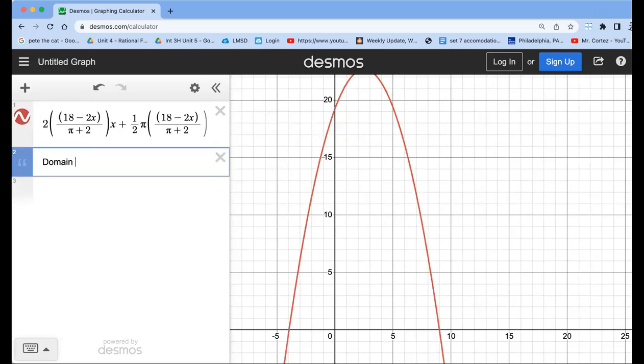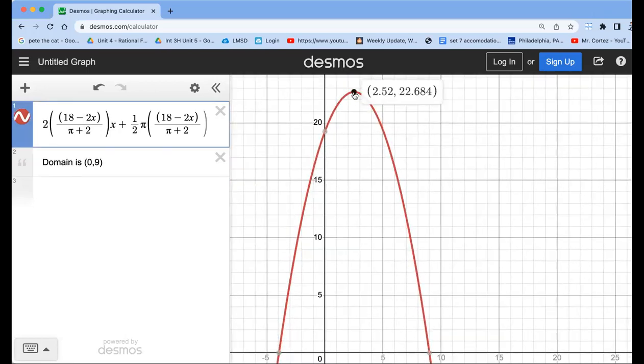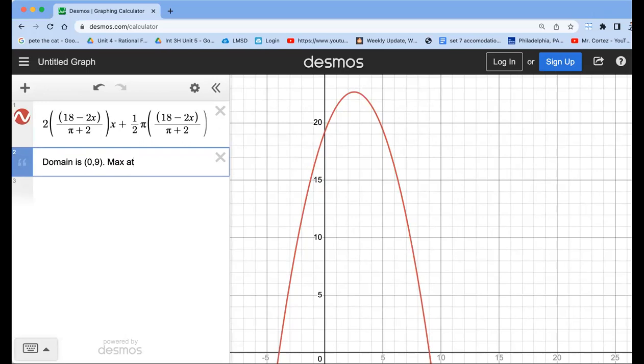For this interpretation, our domain is from 0 to 9. We see that there is definitely a max point, which is good. So this is going to say that our max is going to occur at 22.684. And again, we are measuring the area, and that's going to be in feet squared.